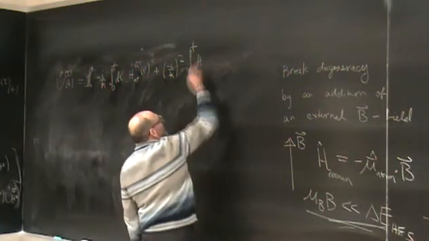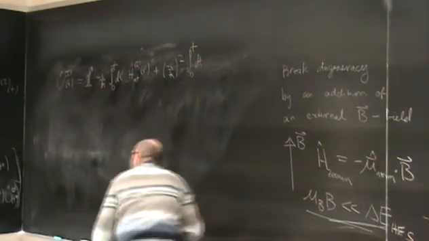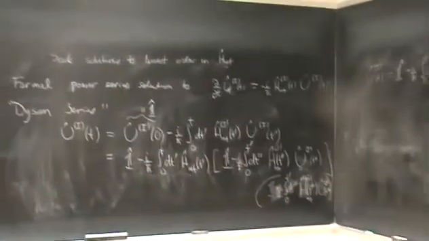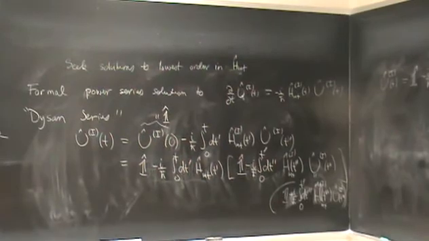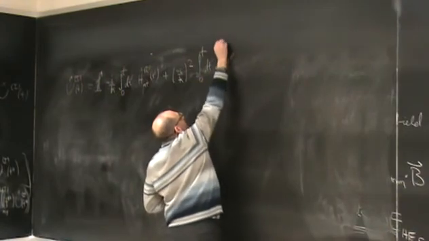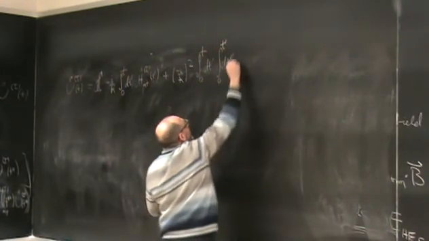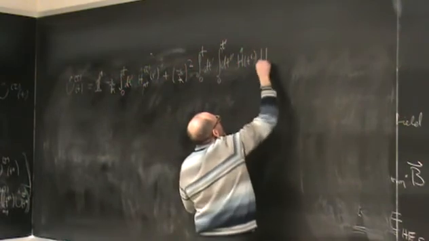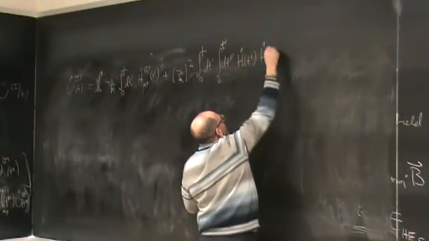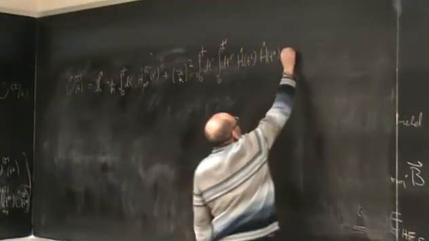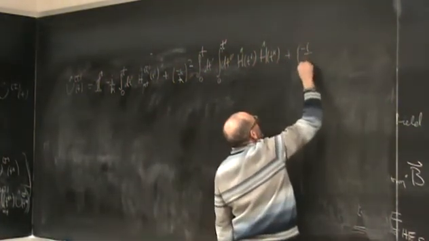So this goes from 0 to t for t prime, and then the integral over t double prime goes from 0 to t prime of H(t prime) H(t double prime). Plus, and then the third order term, and then I'll quit.